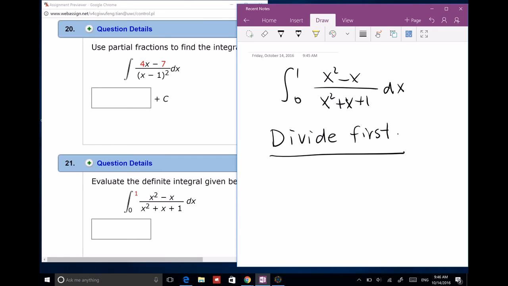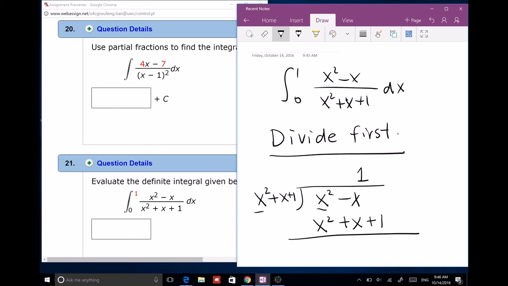So now what you need to do here is divide. x squared minus x divided by x squared plus x plus 1. You can see this is x squared, this is x squared, so I use 1. 1 times x squared is x squared, 1 times x is plus x, 1 times 1 is plus 1. Then I do subtraction, or you reverse all of them and then add them together.